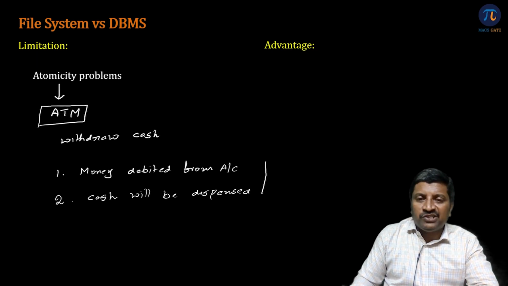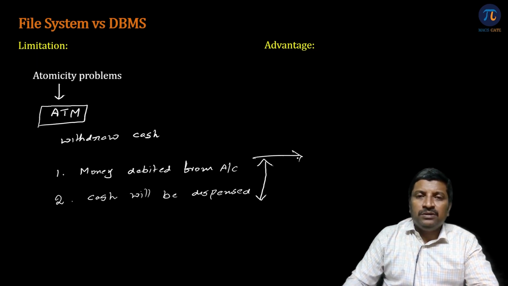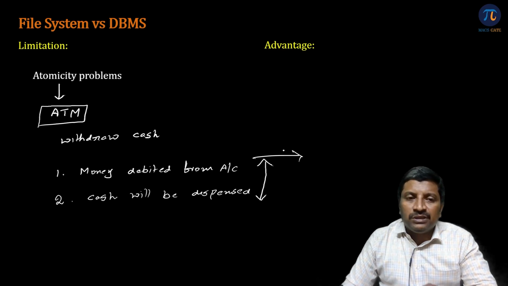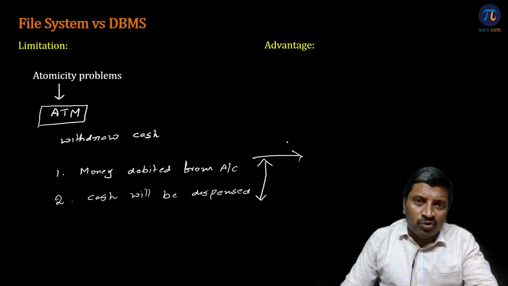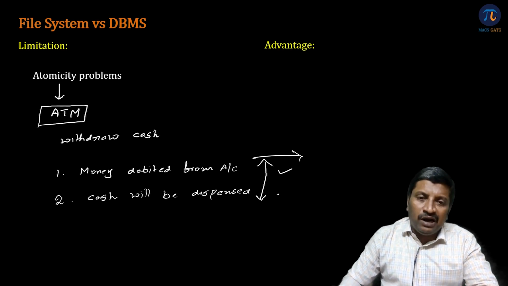So in my transaction, I have two parts. Suppose the user entered the amount, money was debited from the account, and he got the cash. So the transaction completed 100%.